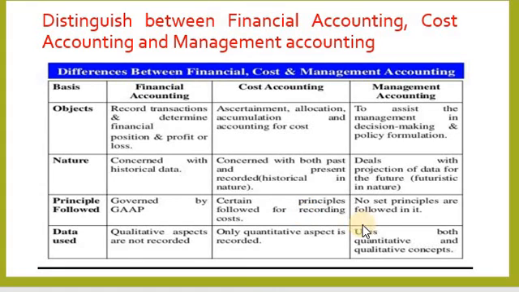But in this situation, no set of principles is required for management accounting. Here, data used. What type of data are they using? In financial accounting, no qualitative data is used; that may not be recorded. Only quantitative aspects are recorded. But in management decisions, they use both qualitative and quantitative data.